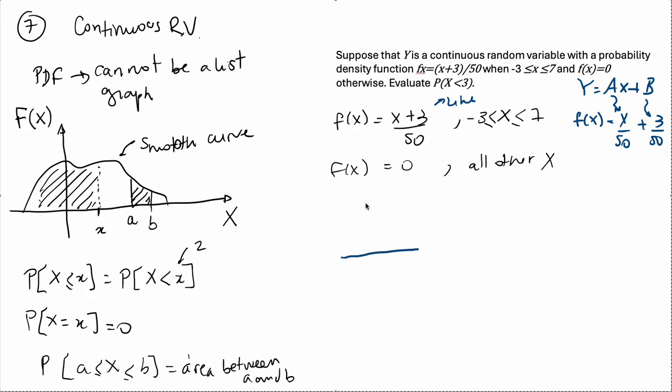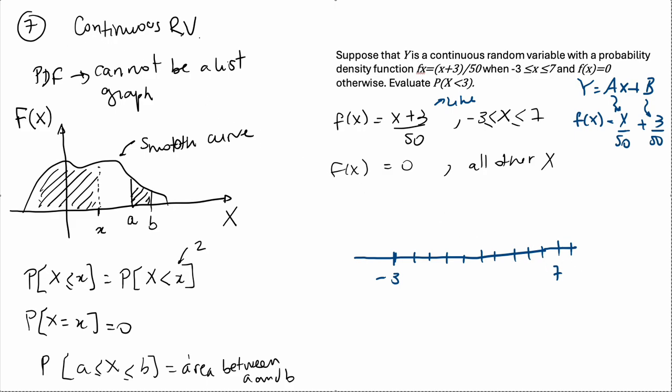So when you see that, you will draw, because you need an area to calculate the probability. So what we're going to do is between -3 and 7, so -3, -2, -1, 0, 1, 2, 3, 4, 5, 6, 7, right? We have that relationship.